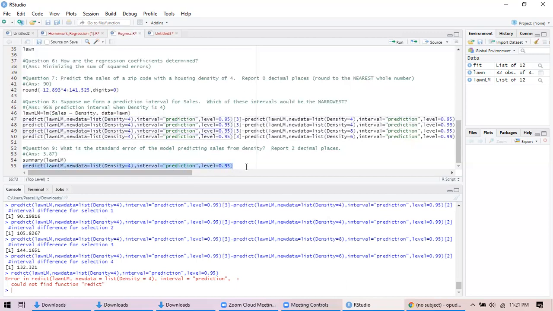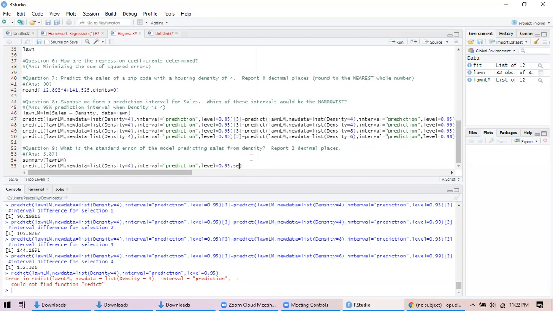Try typing a comma inside the parentheses. Yeah, and then type in se.fit equals true.